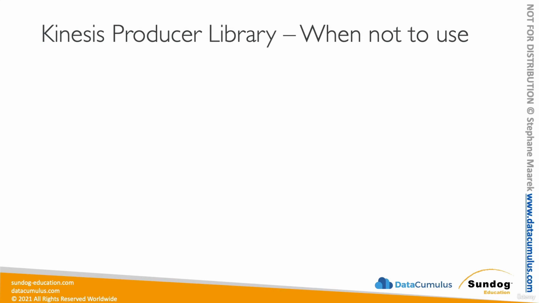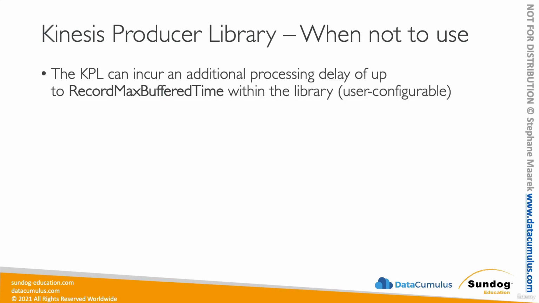So there is one situation where you may not want to use the Kinesis Producer Library, and this is something that can come up in the exam. When you use the KPL, you can incur an additional processing delay of up to RecordMaxBufferedTime. This is a user-configurable setting within the library.